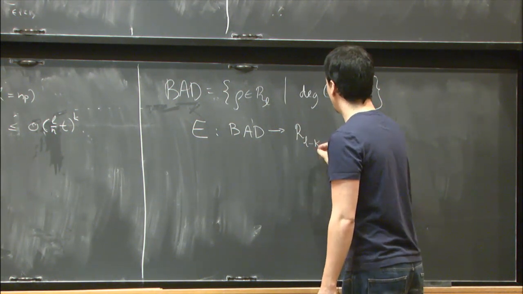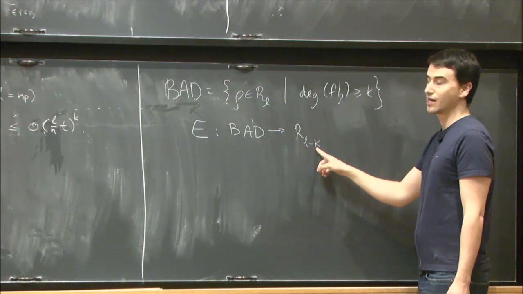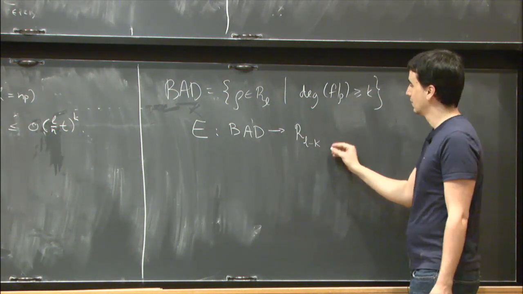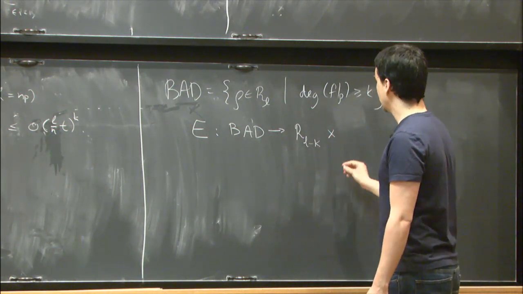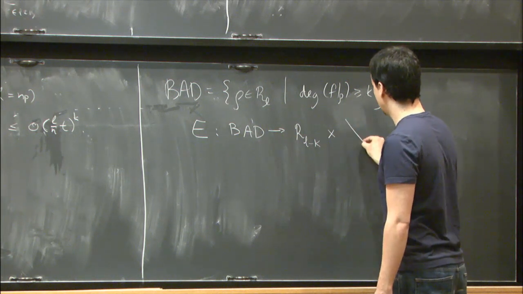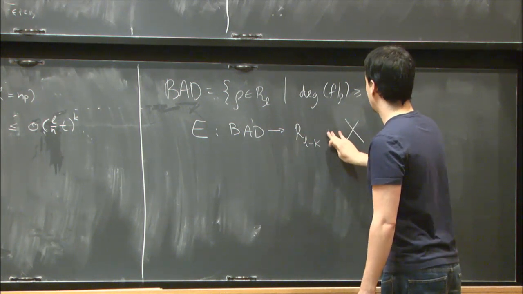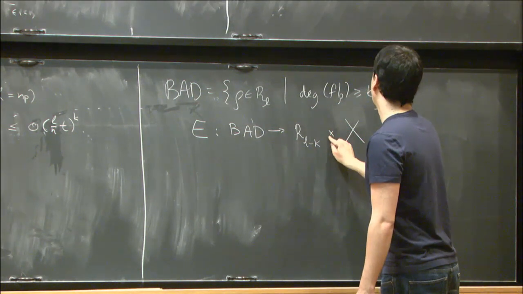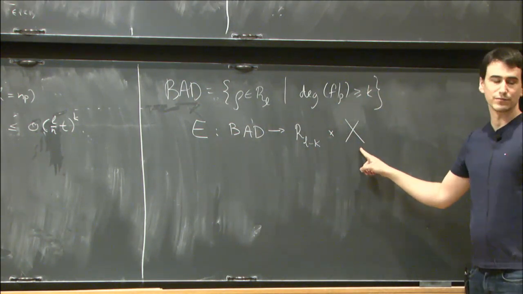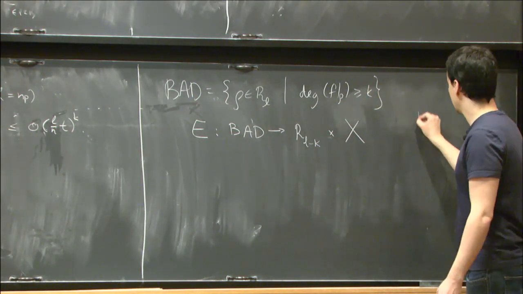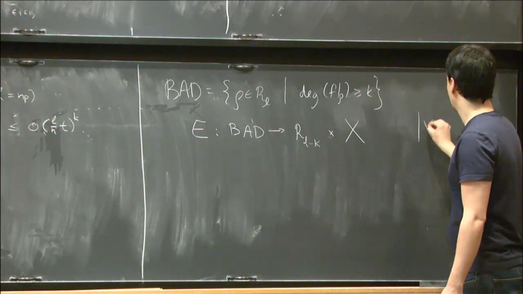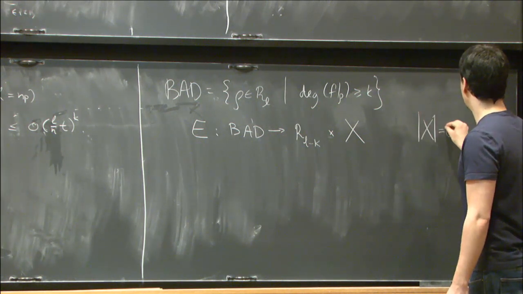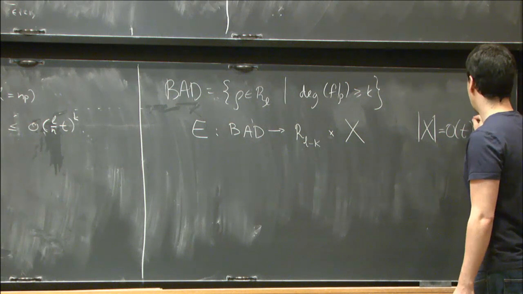We are mapping them to restrictions that keep L minus k variables alive. And in order to make it injective, we need to add some other information. So we take the Cartesian product with some finite set, and the size of this finite set should be O of t to the k.